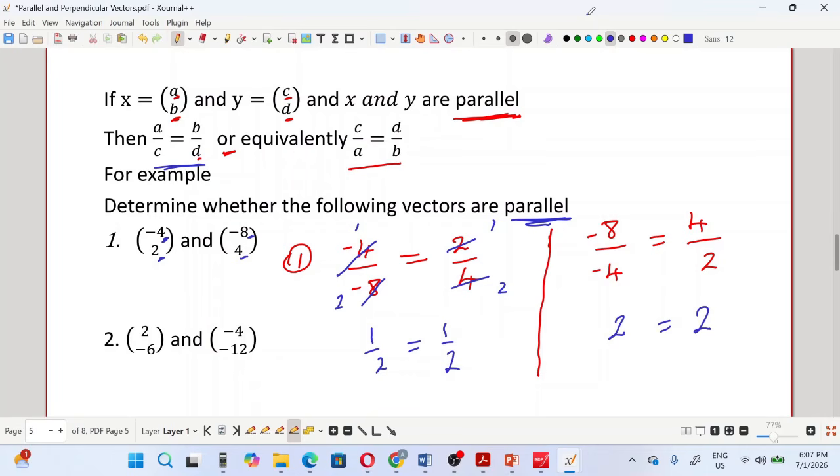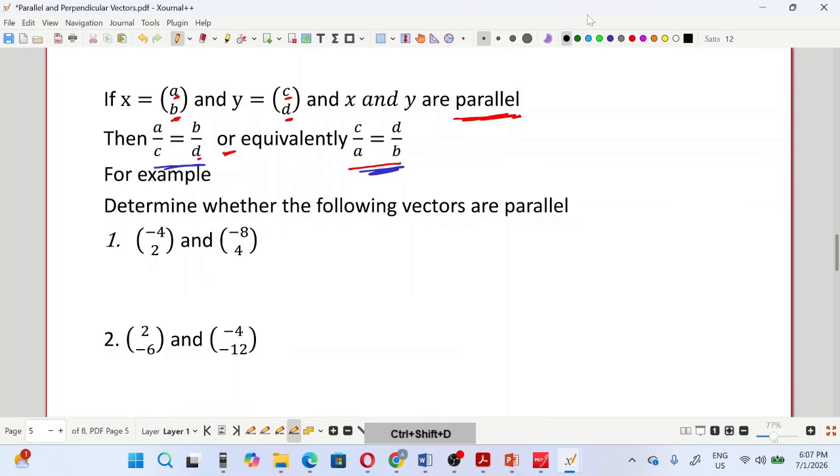So you realize that if you use this, it's still the same, and if you use this, it's still the same. It tells you that it's really true that these two vectors are parallel.